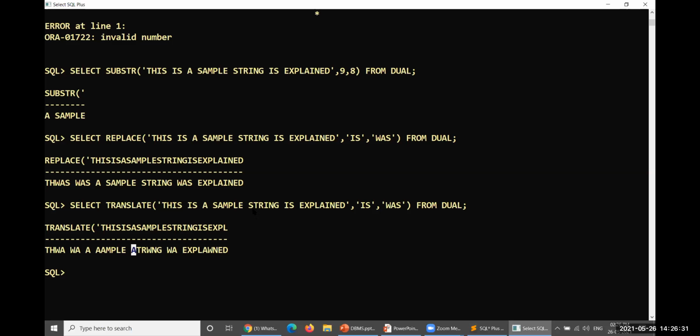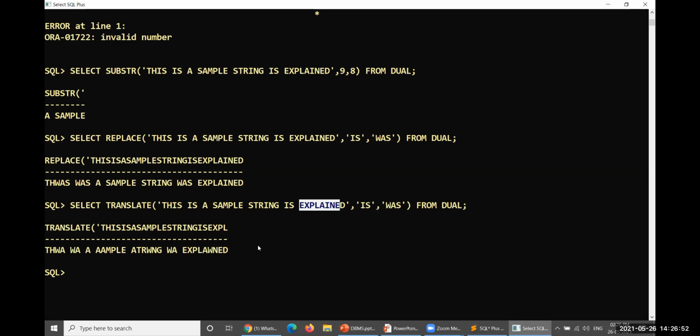Instead of I, W can be translated, and so on and so forth. Translation will be each and every character, and the entire string will be translated, whereas replace will be instead of which string going to be replaced with another string.